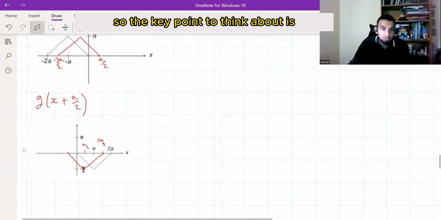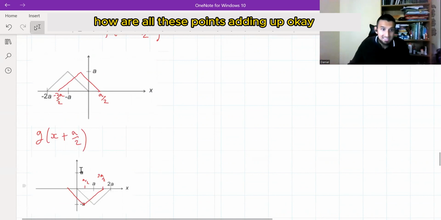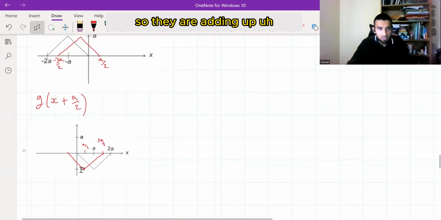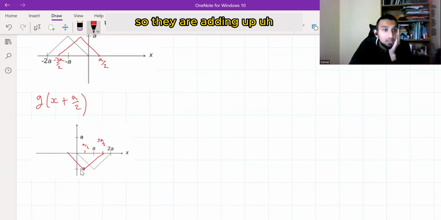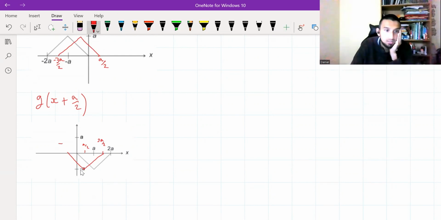So the key point to think about is how are all these points adding up, okay? So they are adding up. Let's look at this one. So minus 3a over 2. This point here is minus a over 2.